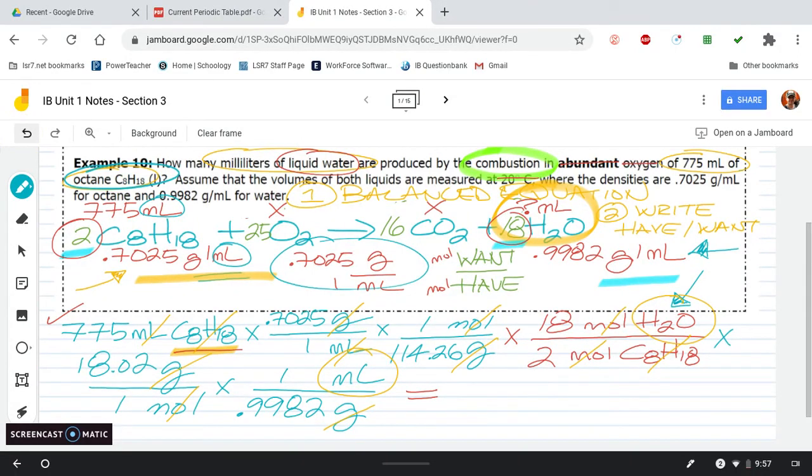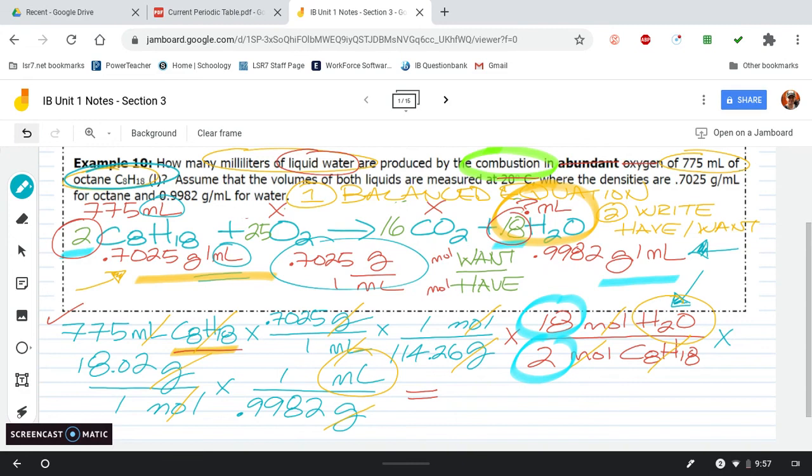So I got my answer, and I hit divided by in my calculator, 114.26. I hit enter. Now look, I got something on top and something on bottom. So I'm going to multiply by 18, hit enter, and then divide by 2.